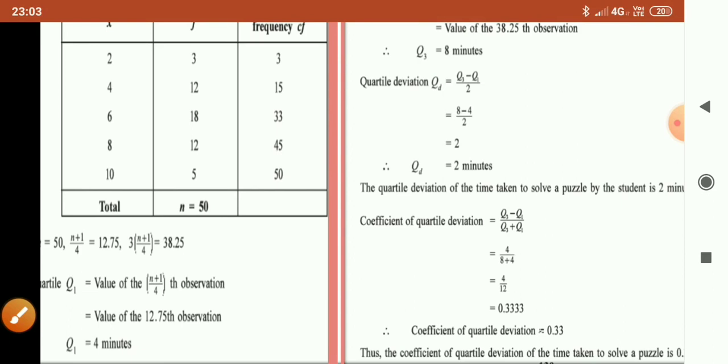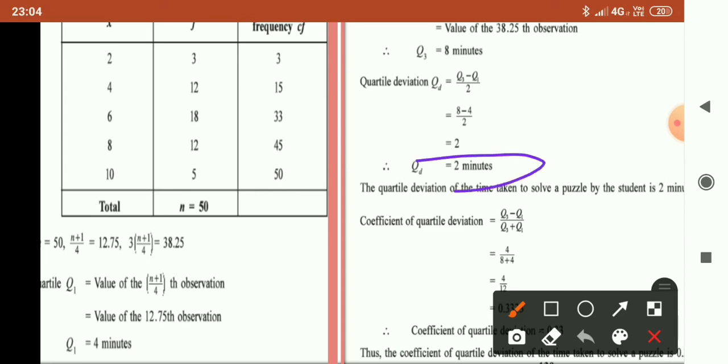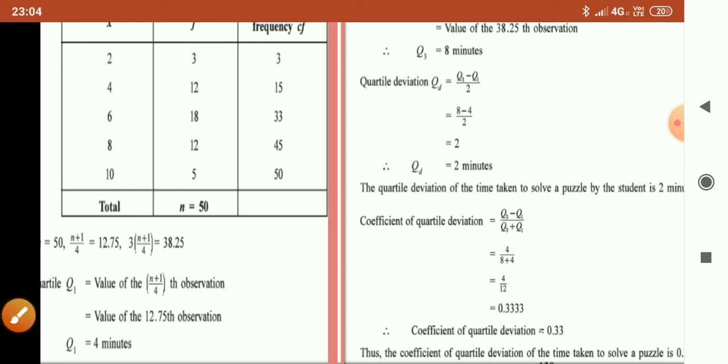So 4 divided by 12 is 0.33. So your coefficient of quartile deviation will be 0.33. Here we are not supposed to write the unit, because this one is free from unit of measurement, whereas for quartile deviation you have to write the unit.